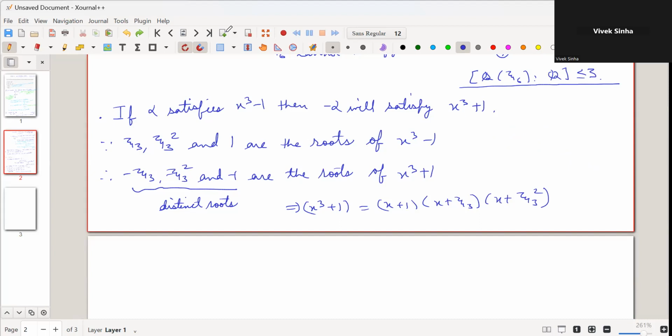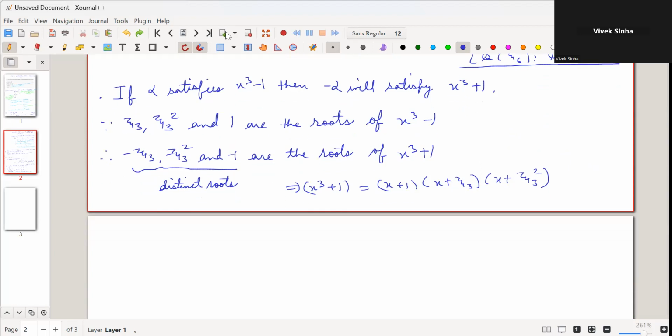Okay. So since xi3 square and 1 are the roots of x cube minus 1, minus xi3 square and minus 1 are the roots of this polynomial. And these are the distinct roots. Thus, x cube plus 1 is of this form, and so it is reducible.